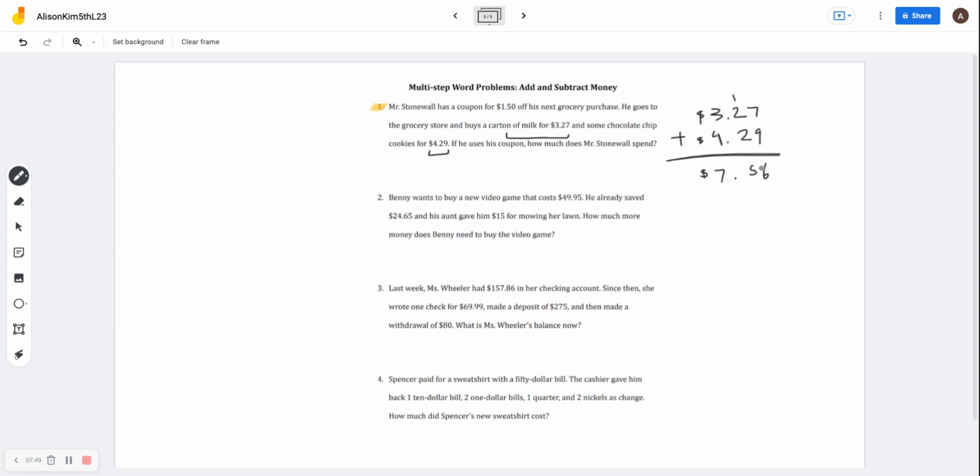But we're trying to find out how much Mr. Stonewall paid after he used his coupon. And his coupon is for $1.50 off his next grocery purchase. So his total grocery purchase, which in this case is $7.56, we're just going to subtract the $1.50 from the total.